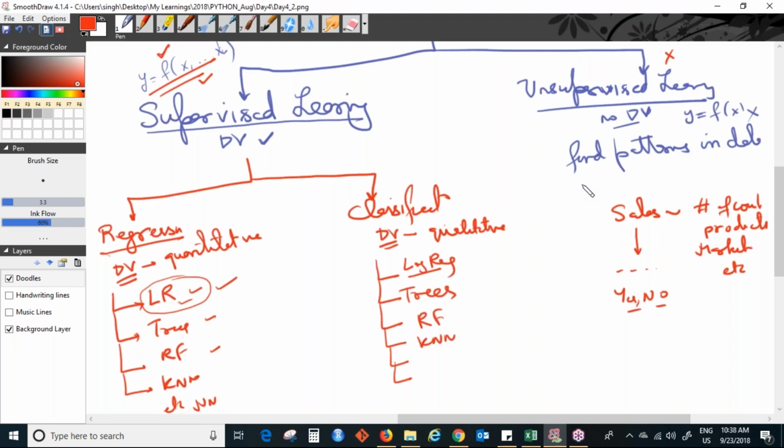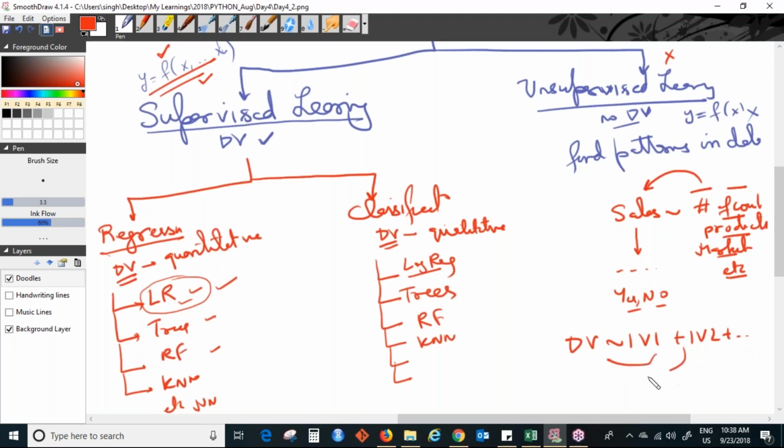Okay, why is it called supervised learning? It is called supervised learning because the independent variables that we have, they supervise the dependent variable. They in some way control the dependent variable, right?